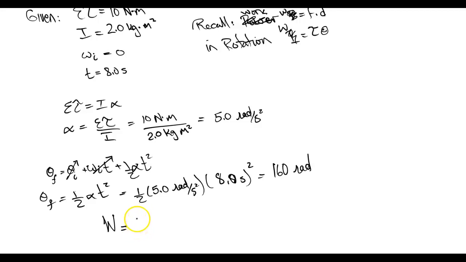The work is the torque times the angle that is swept, and the torque we know is 10 Newton meters, and the angle we just found is 160 radians. So this gives us 1600 joules of work.